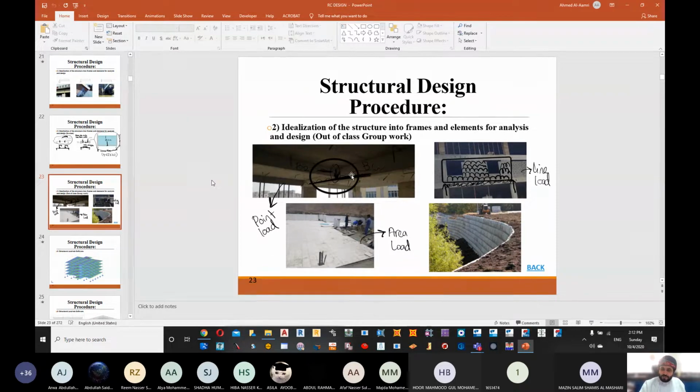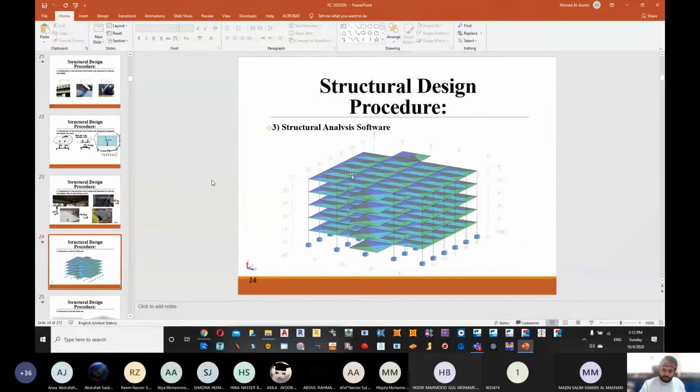Now, after we finish our drawings and go to the second step, which is idealization, it is going to be followed by analysis. So we already have our element with its loading. The next step is the structural analysis. For the structural analysis, there are different options which can be used.